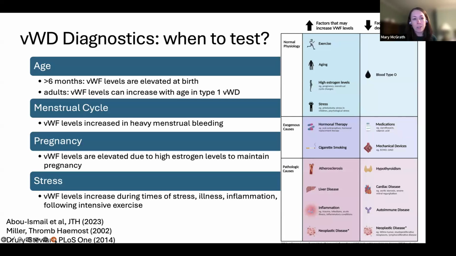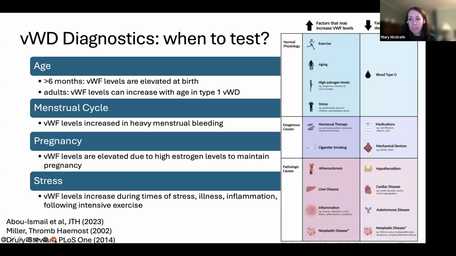That's because von Willebrand factor levels are typically elevated at birth due to stress. Turns out being born is a pretty stressful event for kids, and their levels tend to stay elevated above their baseline for the first 6 months of life. So if there's not a pressing need to test during that time, it's often advisable to wait until kids are a little bit older.